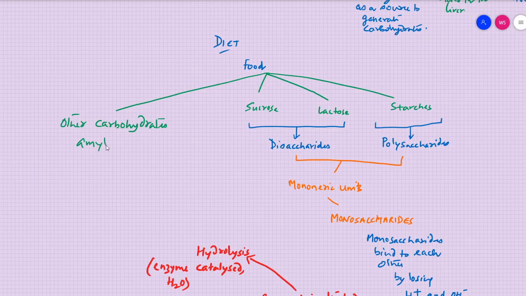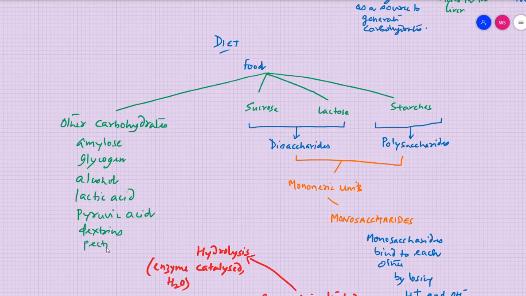Amylose, glycogen, alcohol, lactic acid, pyruvic acid, dextrins and pectins. So these are the other carbohydrates that are again used as a food source. But most commonly, the source is sucrose, lactose, and starches.